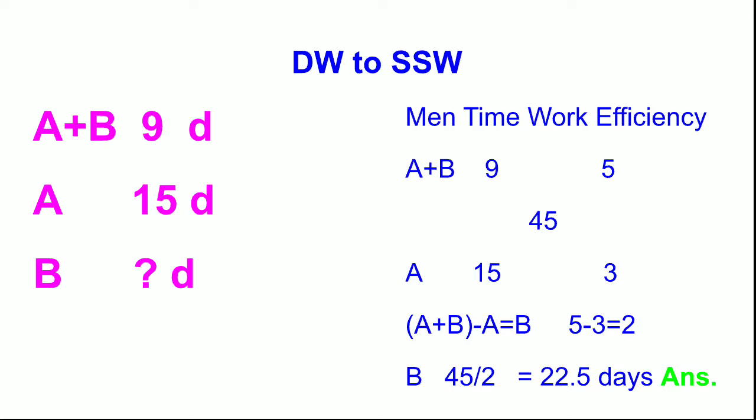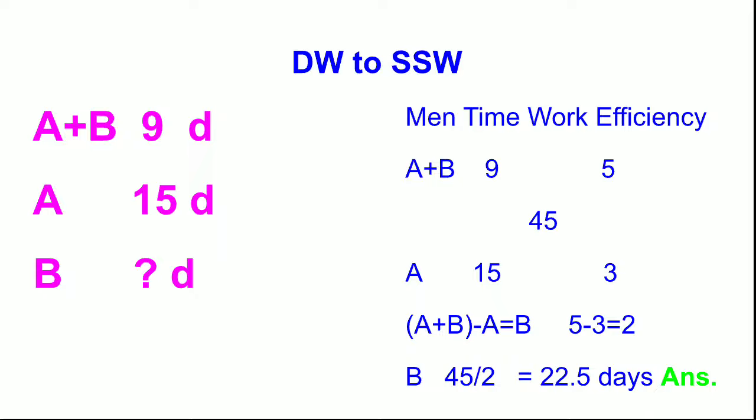Based on A plus B and A, we have taken LCM as 45, and 45 divided by 9 gives efficiency 5 for A plus B, and 45 divided by 15 gives efficiency 3 for A. A plus B minus A gives the value for B. So efficiency 5 minus 3 equals 2 gives the value for B.